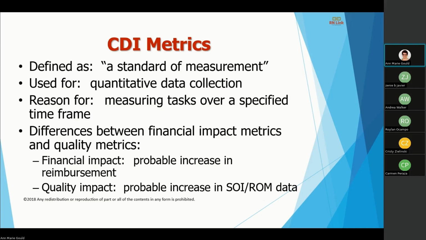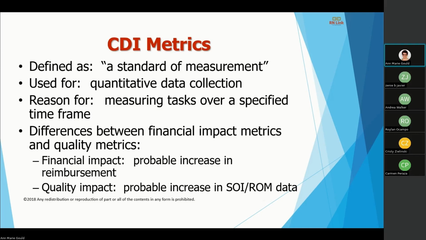There are differences between financial impact metrics and quality metrics. Your financial impact is what is going to increase your reimbursement, increasing dollars for the hospital. Your quality impact will likely increase your SOI, severity of illness, or your ROM, risk of mortality data.